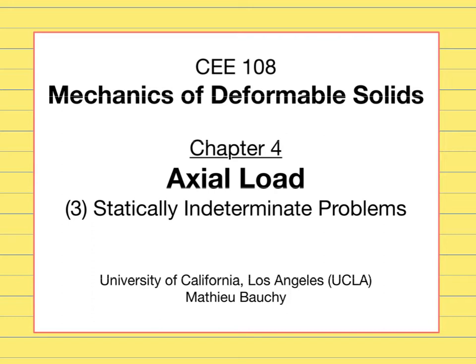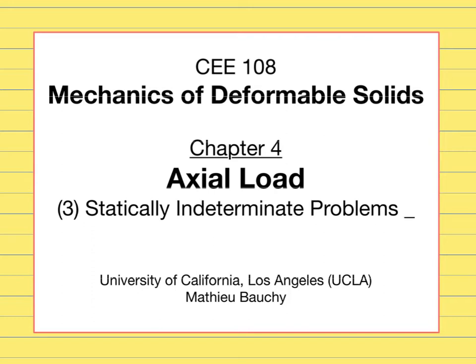So when you are facing a typical problem of this kind, the general methodology to follow will be the same as usual. First, you will need to draw the free body diagram, calculate the reactions of the support, and then based on this, apply the method of section to get the internal load.